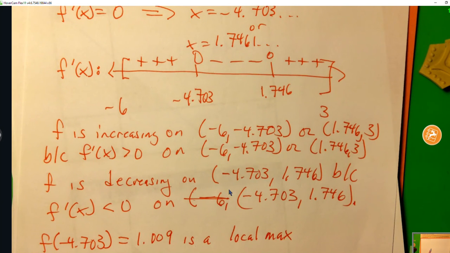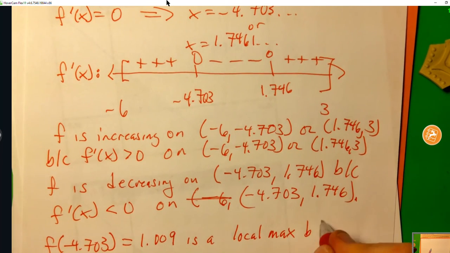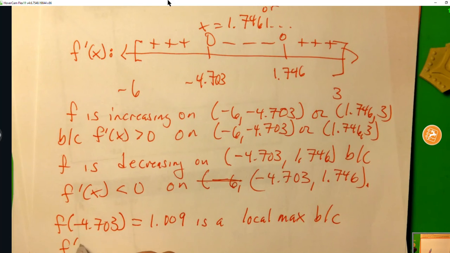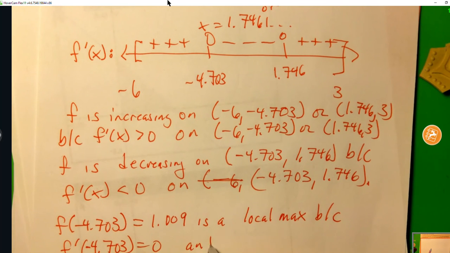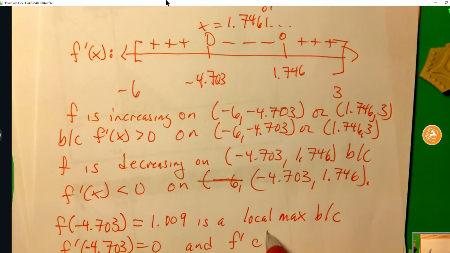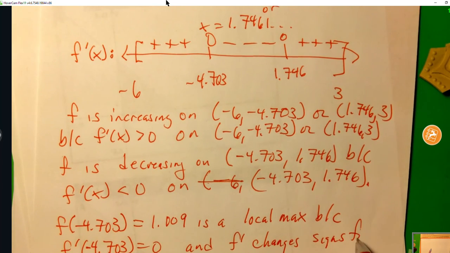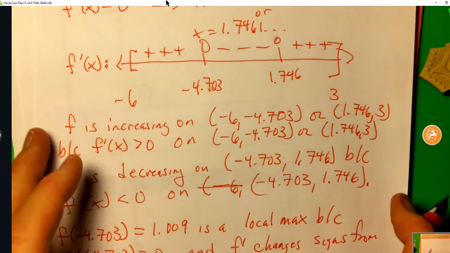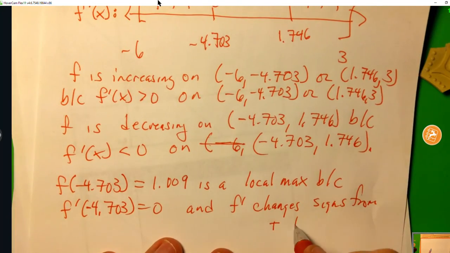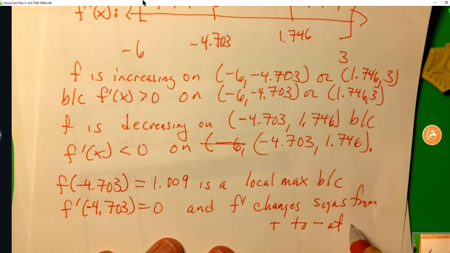Let me go back. Why? Because f prime of this critical value, and don't forget the negative sign like I just did, is 0, and f prime changes signs from positive to negative at x equals negative 4.703.